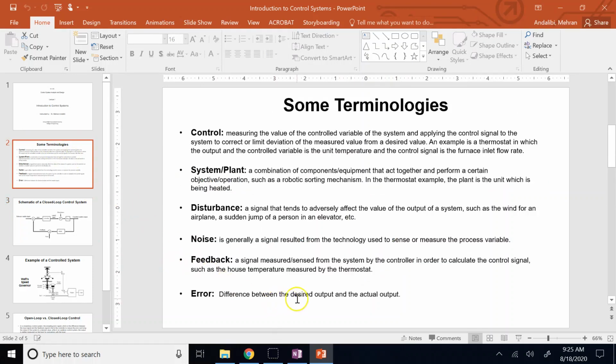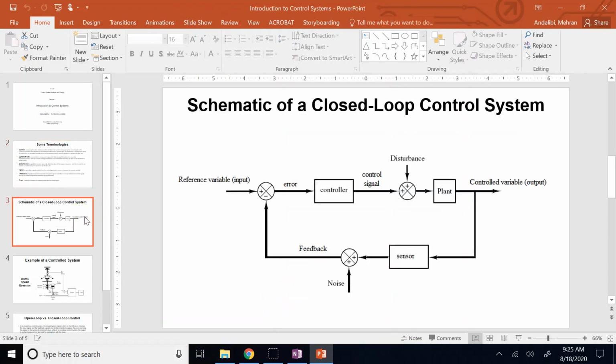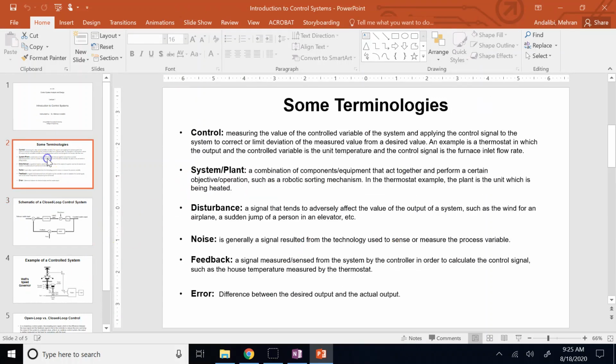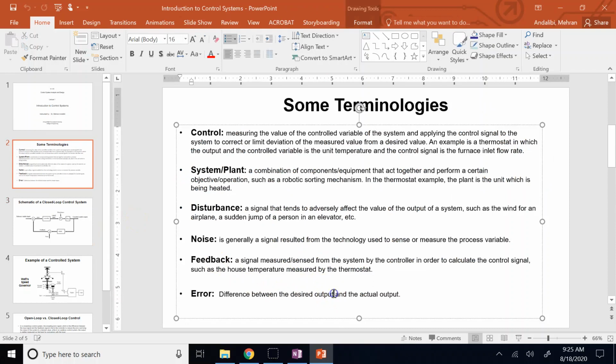An error is the difference between the desired output, which here we also call it what? Reference variable, and what? The actual output. So desired output, I can add for you here that it is the reference variable. That's the same thing.